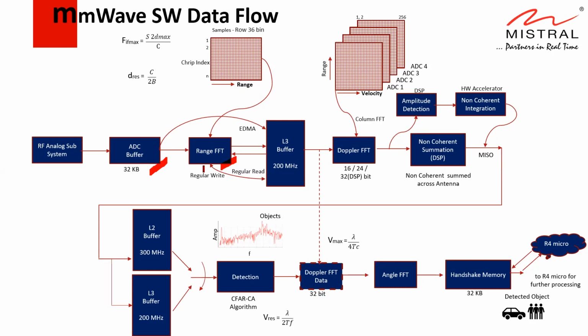Suppose you have 36 chirps in a frame, so you have a 36 by 36 frame buffer, and this frame buffer data is stored in the L3 buffer. Similarly, you have 4 ADCs, 4 receive channels, so you will effectively have 4 such frame buffers.